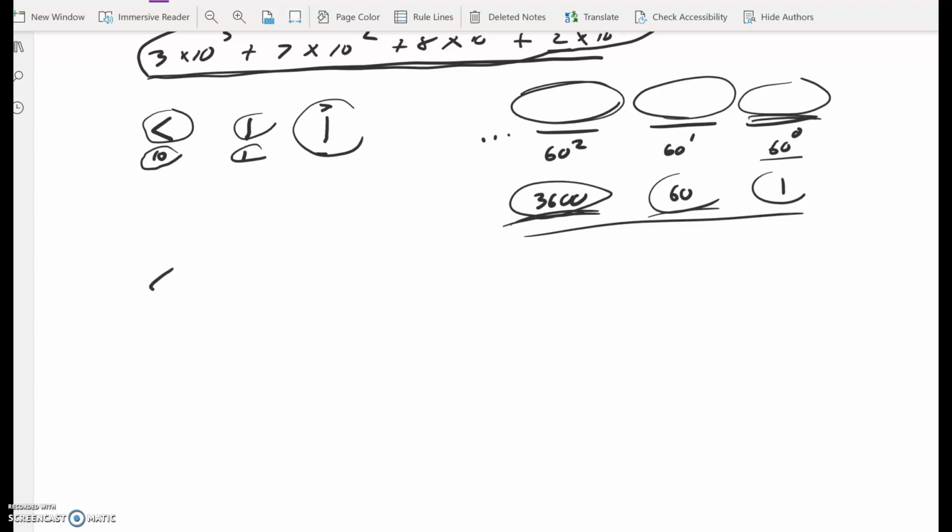Let me write down this problem. And the question is, what is this worth? And so we have the first group, and each of these are worth 1s. These are the 1s place, and we have this group, and each of these are worth 60s. Now, when there's nothing else going on, you just add stuff up.